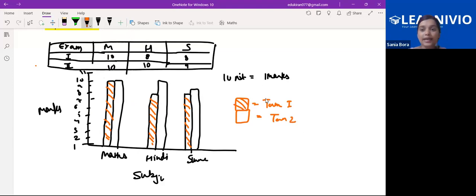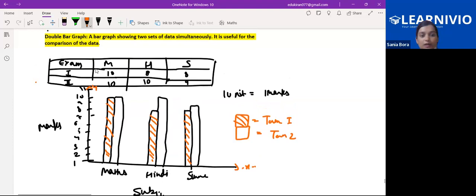If you miss this index, you lose marks in double bar graph. Clear? Everybody? Over here the x-axis, y-axis will be the same. So quickly write down this double bar graph, the definition, and just draw the rough diagram of this.